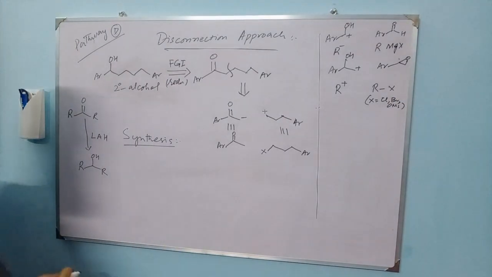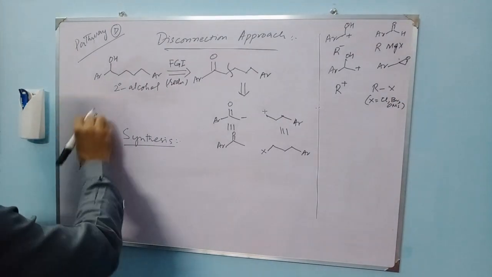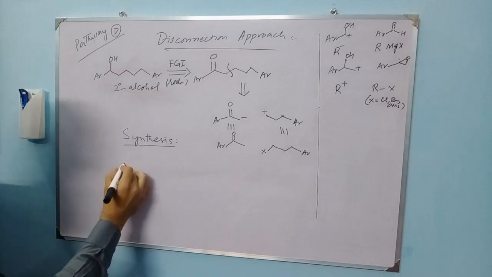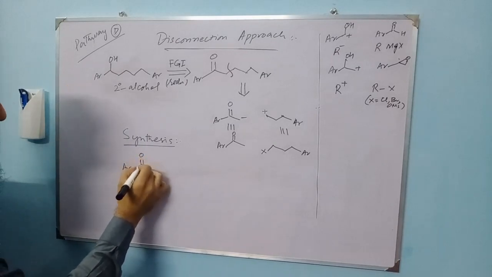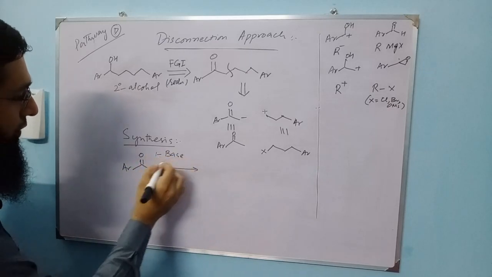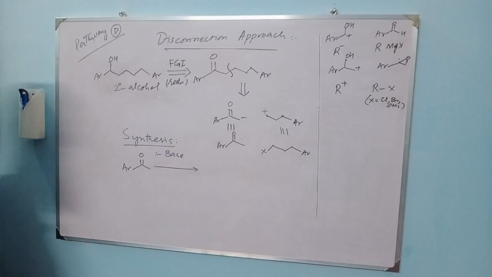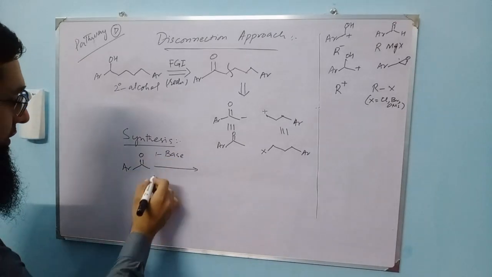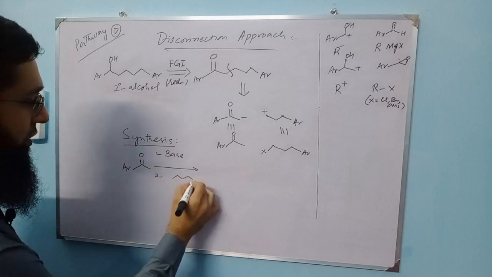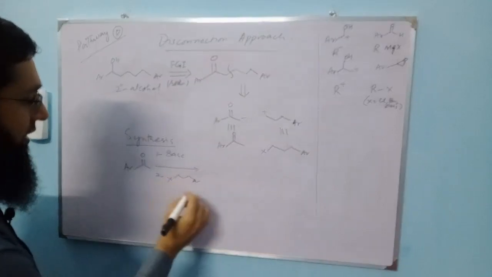Now synthesis. In the first step, we add a base to make this ketone into the corresponding enolate, and then at the second step we would add the corresponding alkyl halide.